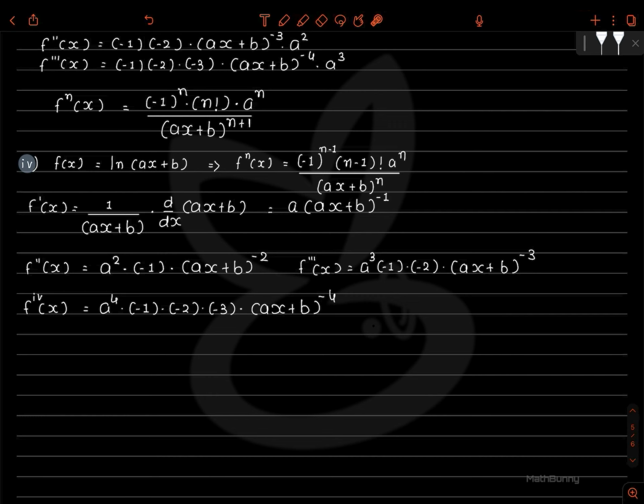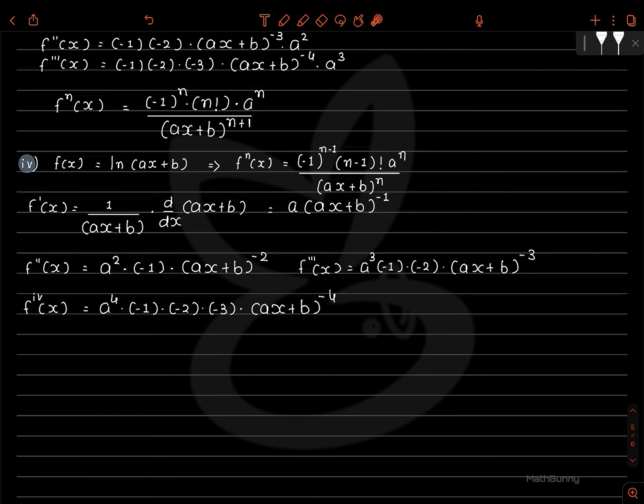For each successive derivation, the power of ax plus b keeps getting decreased. For the second derivation, the power is minus 2. For third derivation, the power is minus 3. For fourth derivation, the power is minus 4. For each successive derivation, the power of a keeps getting increased. For first derivation, the power of a is 1. For second, it is 2. For third, it is 3. And for fourth, it is 4.